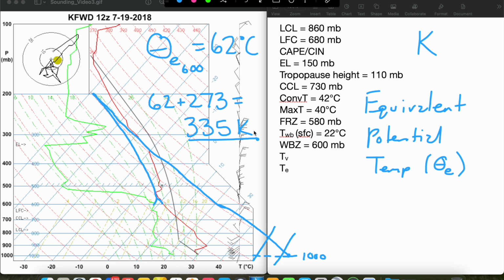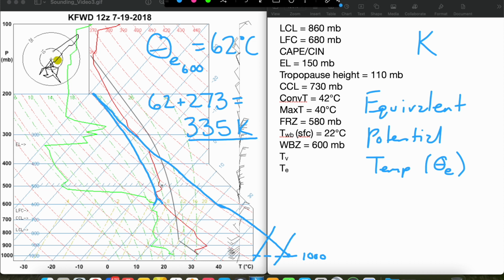We use that in severe weather forecasting a lot because, unlike the temperature and unlike the dew point, theta-e combines both of those temperature and moisture aspects. So wherever theta-e increases, that means you have an increase in temperature and an increase in moisture in those parcels in that area. So that's what equivalent potential temperature is.